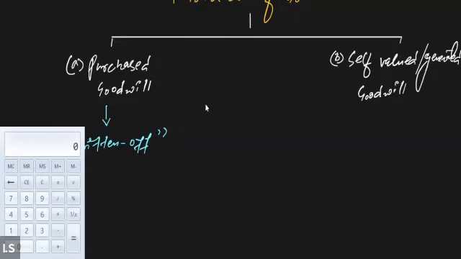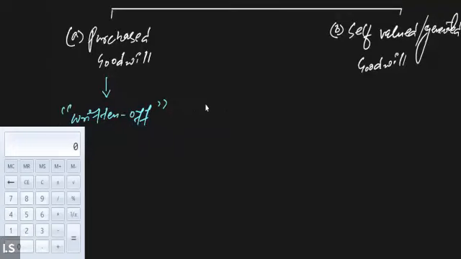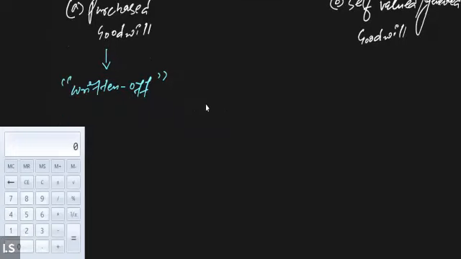If we do not want to show the goodwill in the books of account, that means there is a reduction in the value of the asset. Is there going to be a reduction in the value of the asset? Yes, there is going to be a reduction in the value of the asset.